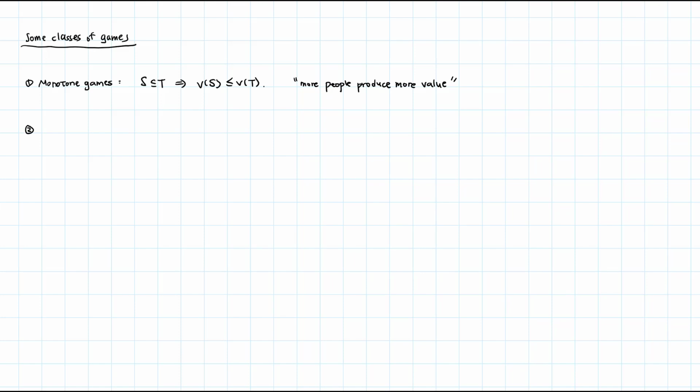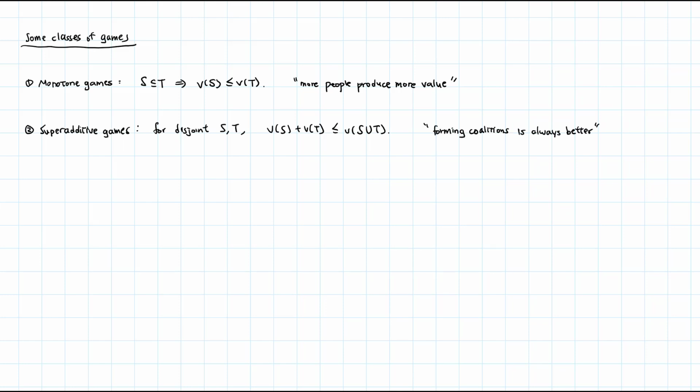Our second class of games are the superadditive games. These games satisfy the condition that, for any disjoint sets of players S and T, v of S plus v of T is at most v of S union T. The meaning of this is that forming coalitions is always better in these superadditive games.